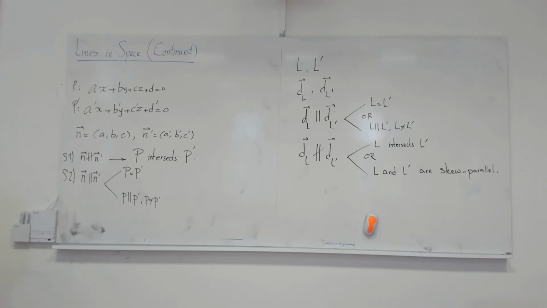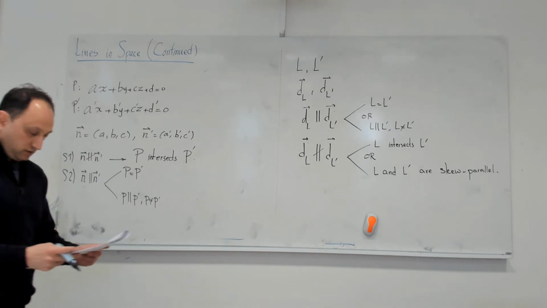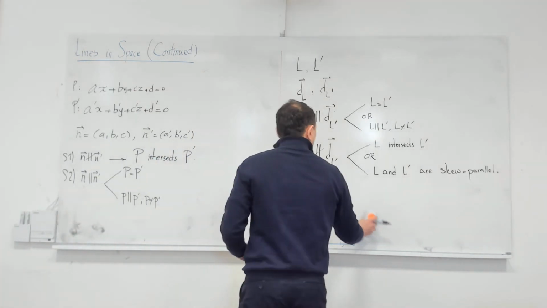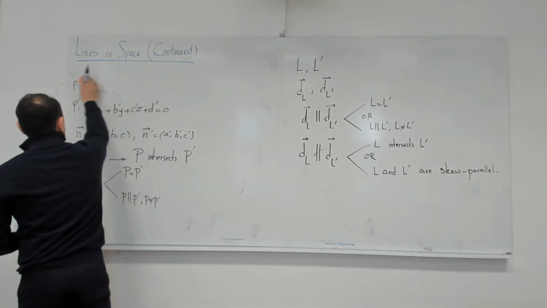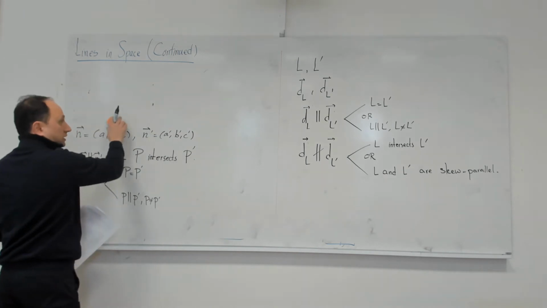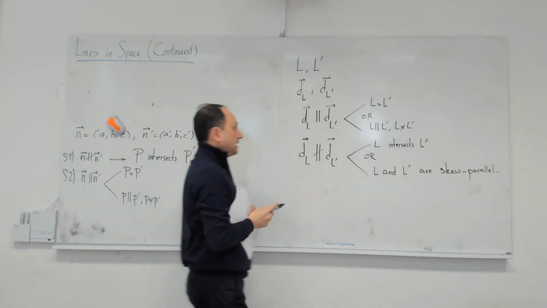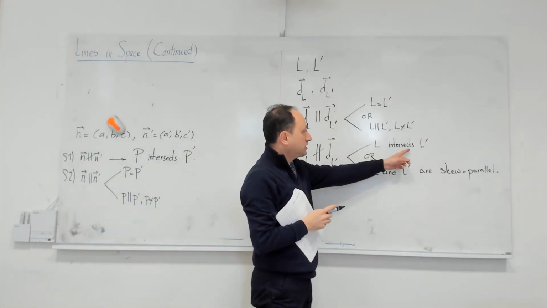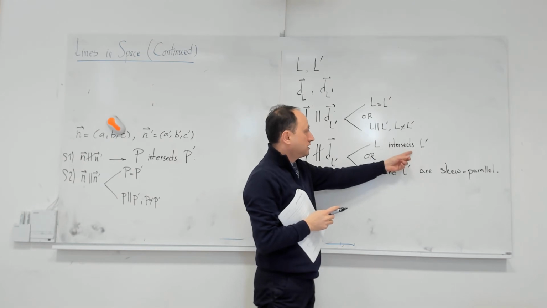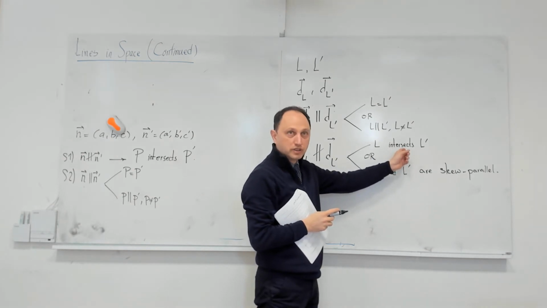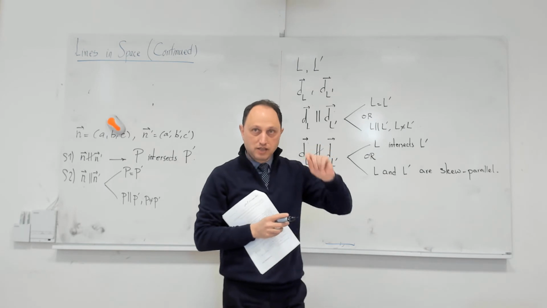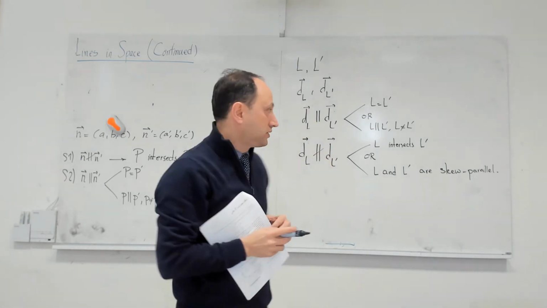Okay, I think this is a good example. By the way, another interesting question is, in the case that they intersect, what are the coordinates of the intersection? That's also good to be able to answer.